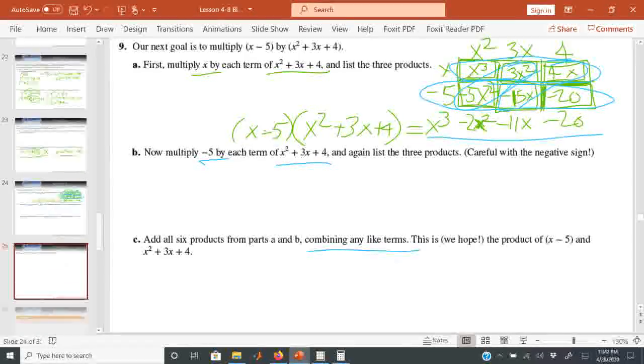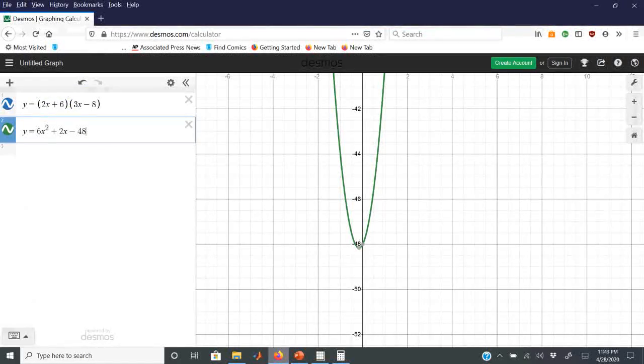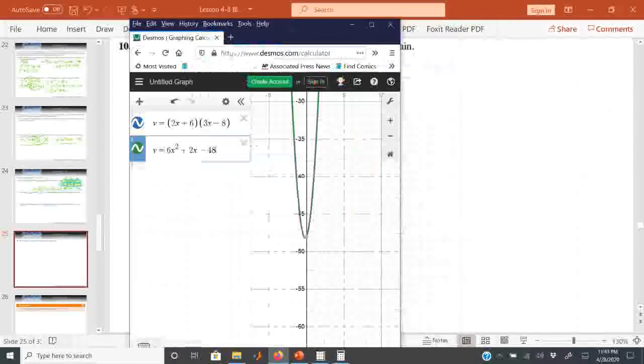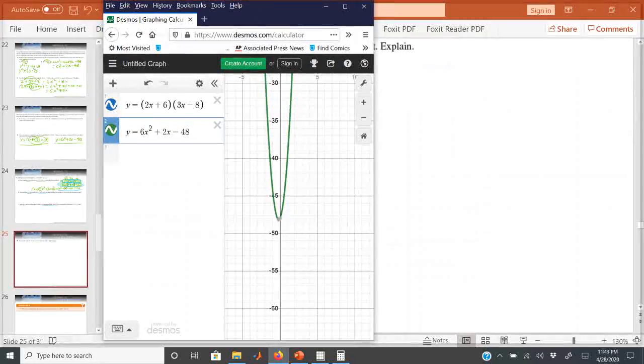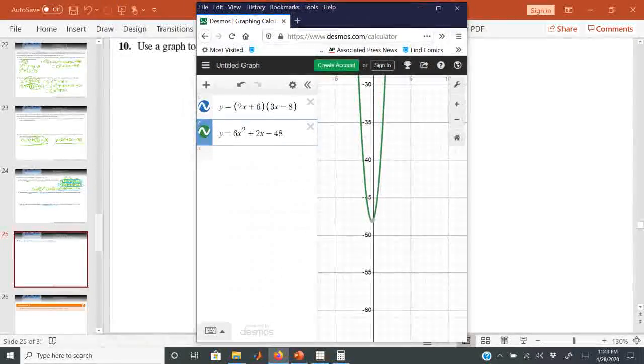Question 10 looks a little shorter. Hopefully I won't mess up question 10. Actually, I'm going to let you do question 10. Go to Desmos.com and see if you can figure that out. And actually, let me show you what Desmos.com looks like a little better.